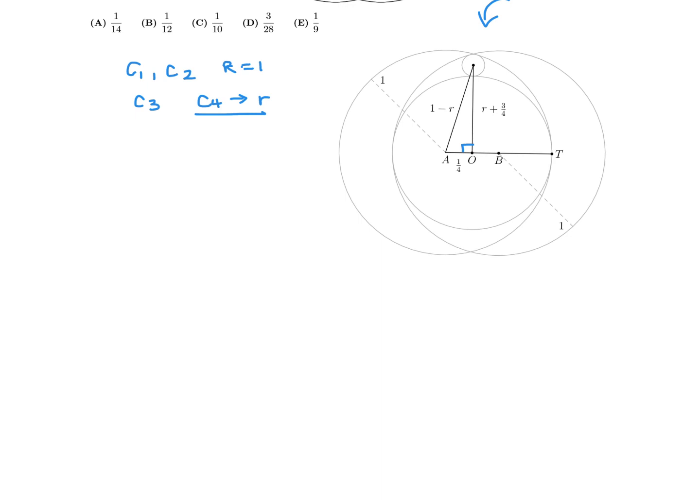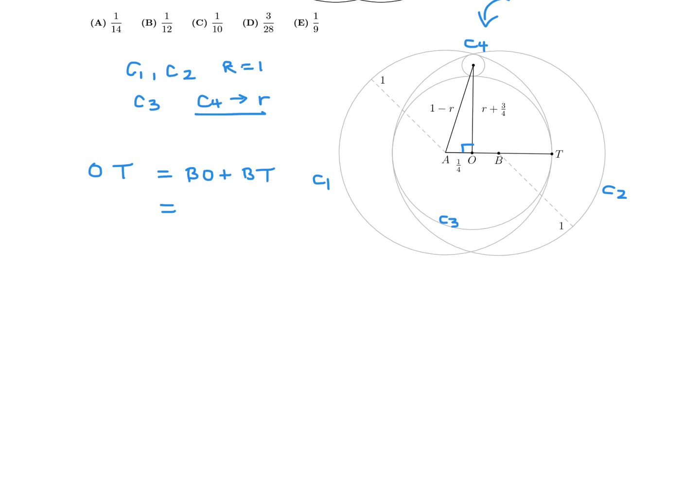So here's the explanation. OT is basically from the center of C3. I'll just call that C3. This is C1. This is C2. And the small one is C4. So OT is the radius of C3. And we don't know what that is as far as I can tell. But we can break that down into BO plus BT, correct?